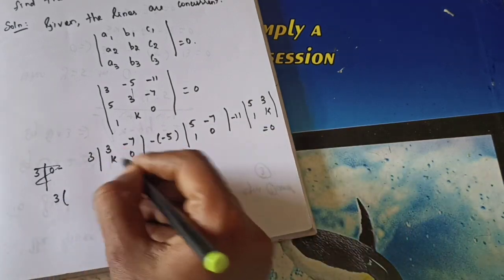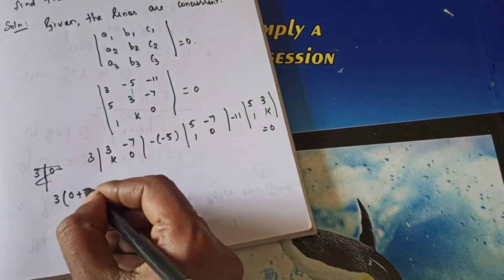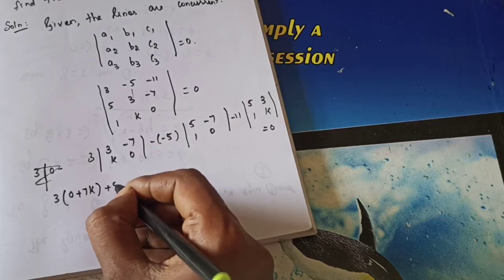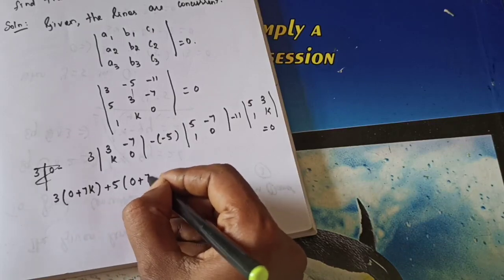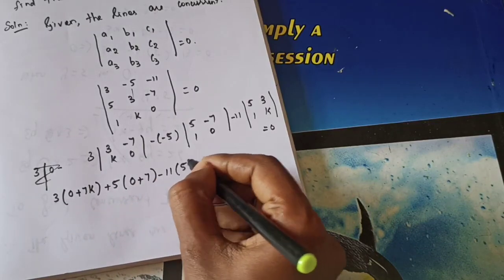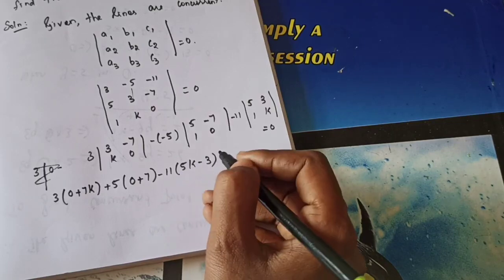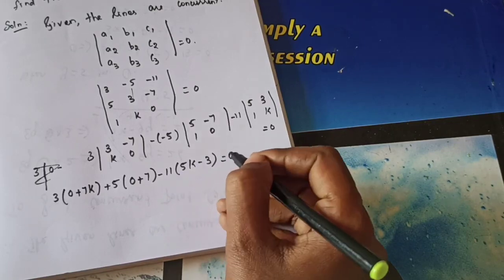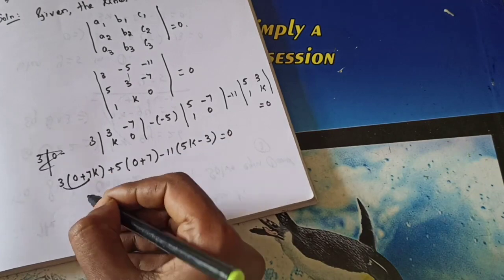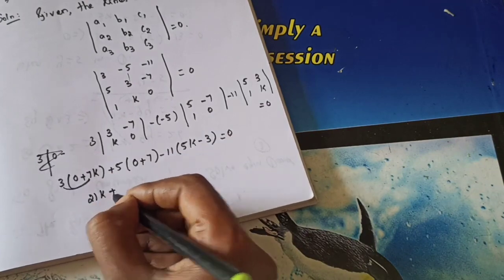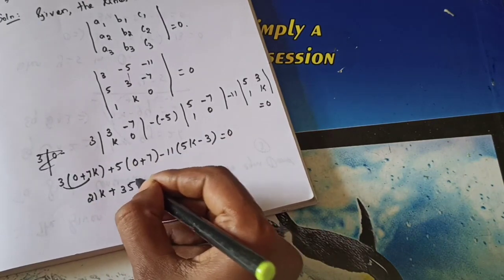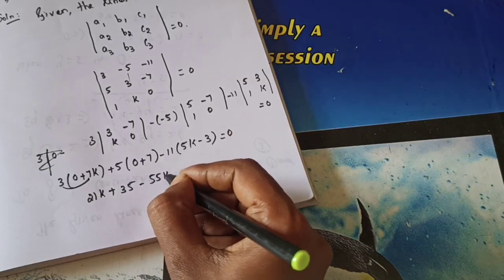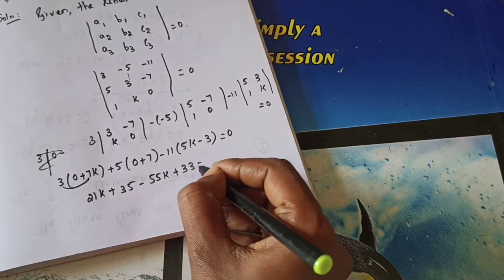So 3 into 0 minus of minus 7k means plus 7k, plus 5 into 0 plus 7, minus 11 into 5k minus 3, is equal to 0. So 3 into 7 means 21k, 5 into 7 means 35, minus 55k, minus into minus plus 33, equal to 0.